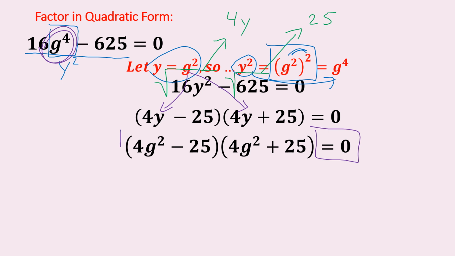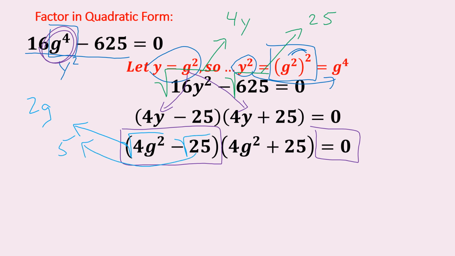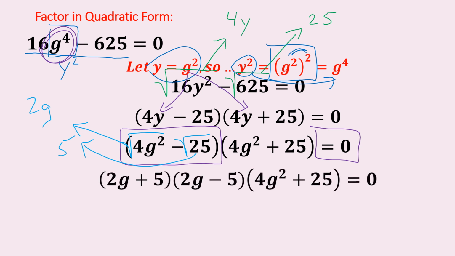If we look at this first one, we have another difference of squares. We have 4g squared, which we can square root and get 2g, and we have a 25, which we can square root and get 5. So we can split that up into two parentheses: 2g plus 5, 2g minus 5.